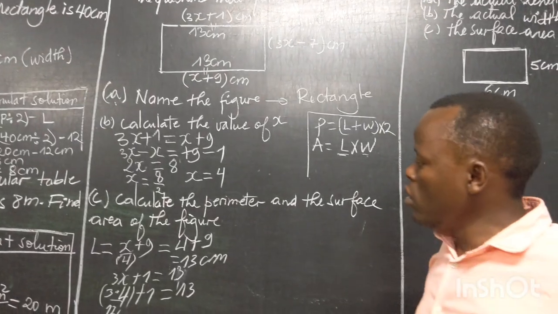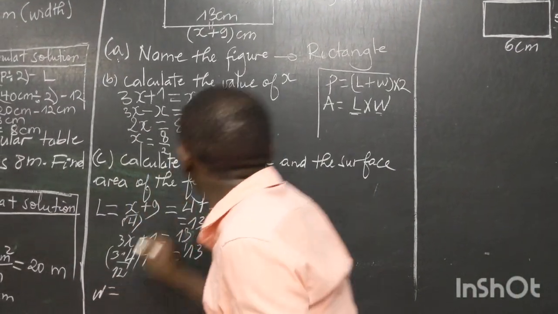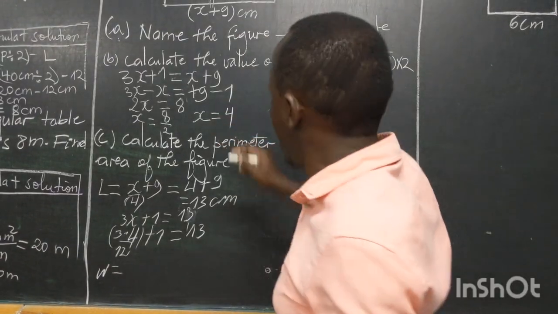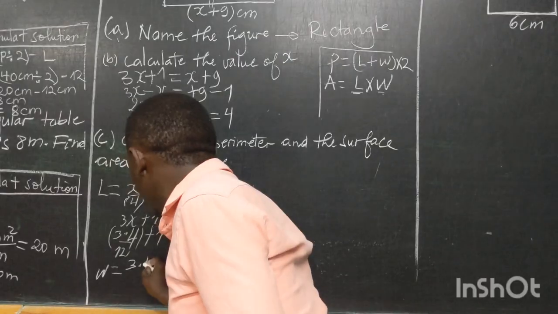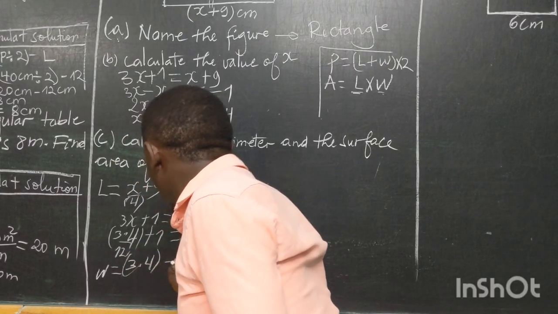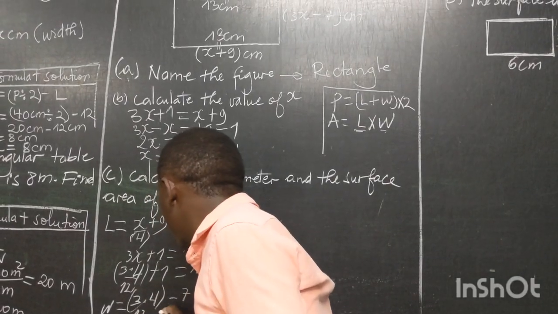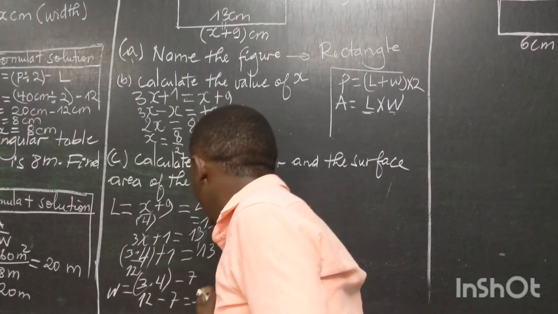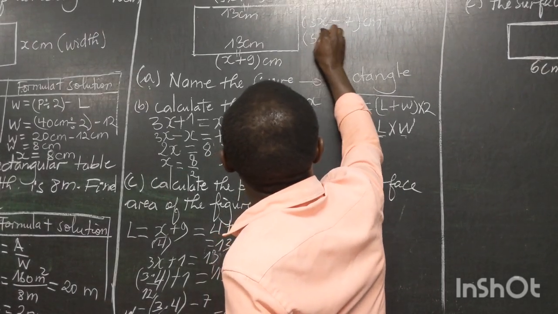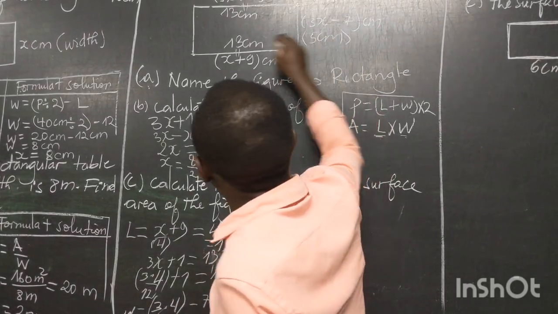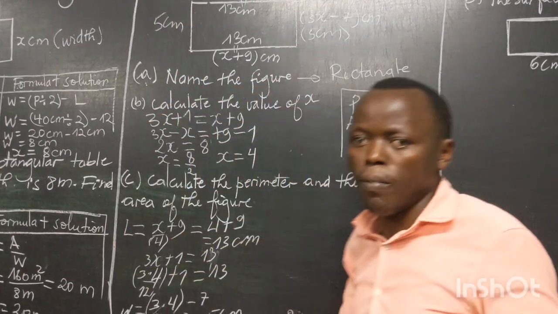And then we find the width. Our width is 3x minus 7. It is 3 times x, which is 4, minus 7. It will be equal to 12 minus 7, which is 5 centimeters. So this side is 5 centimeters, and this side is also 5 centimeters of width.